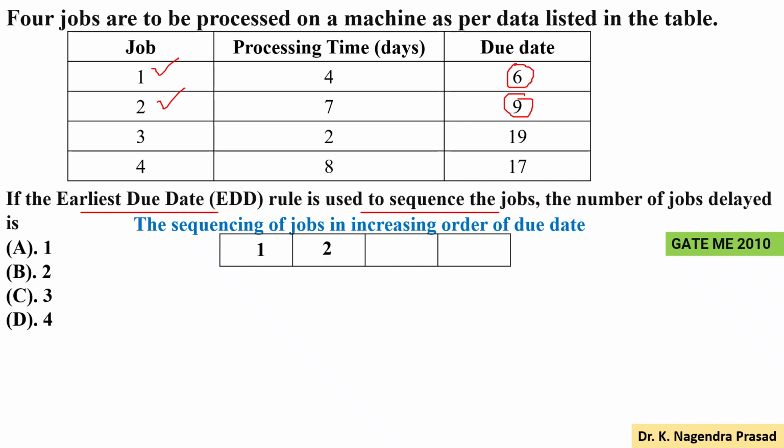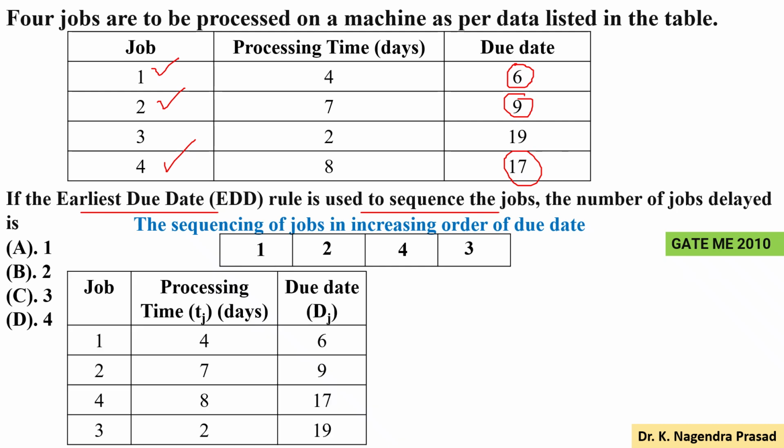And next to the minimum due date is 17 for the job 4. Then we place the job 4 after the job 2 in the job sequencing order. And the last one is the job 3. So next we arrange the jobs based on this sequence: 1, 2, 4, 3.